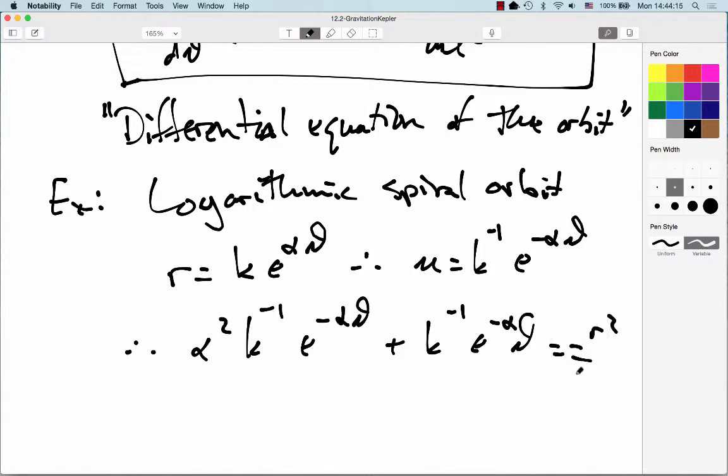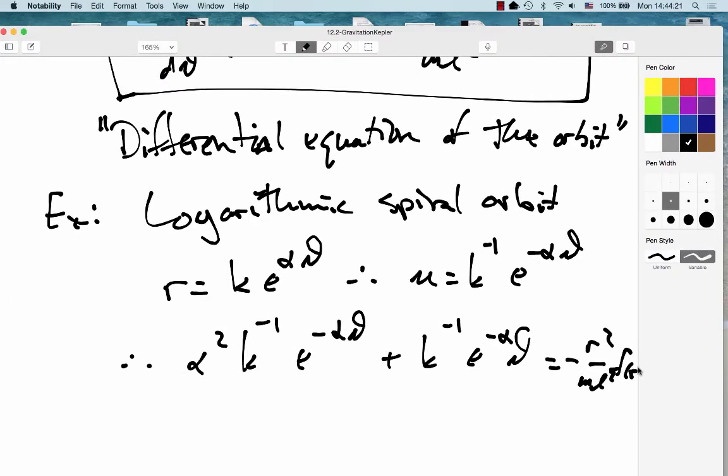Minus r squared over m L squared times my unknown f of r.